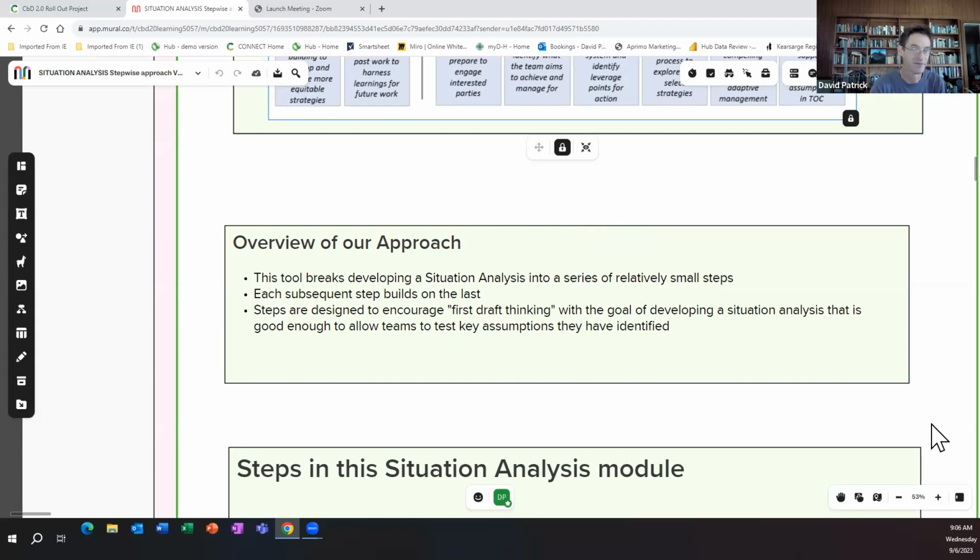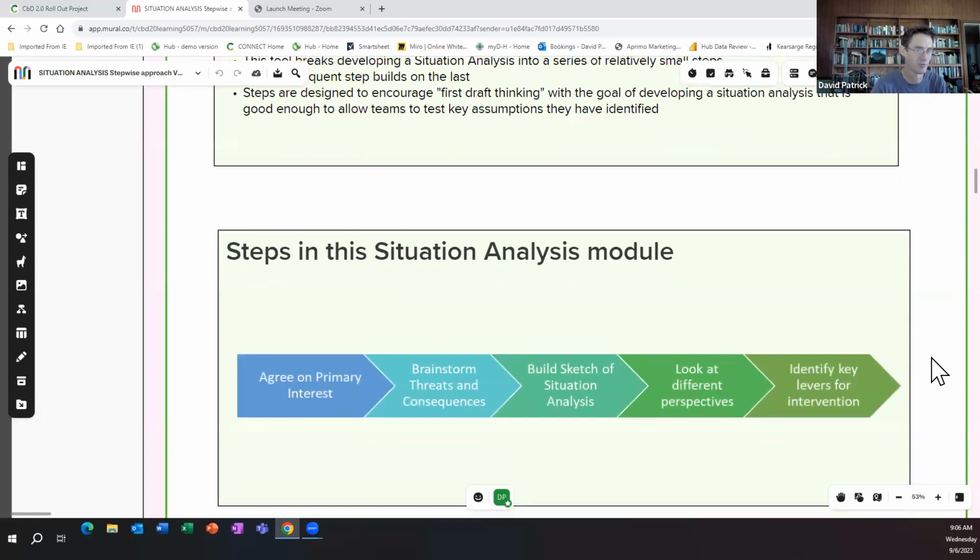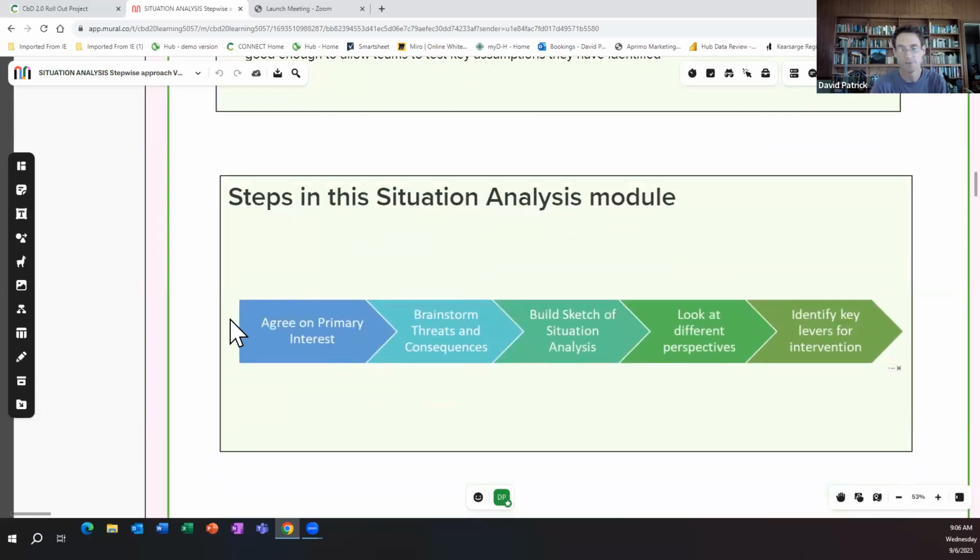So in terms of the steps that we will be going through in this workshop series through this tool, we are going to begin by agreeing on that primary interest, making sure that we know what the challenge is, and we have agreement on what the challenge is we're looking to resolve, and what we're going to be building this model, this situation analysis diagram, around.